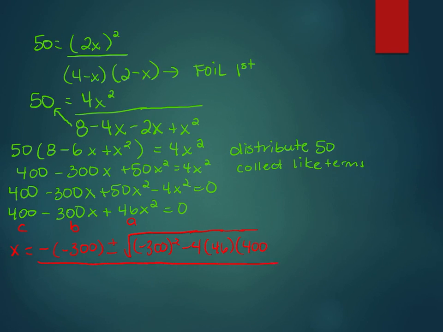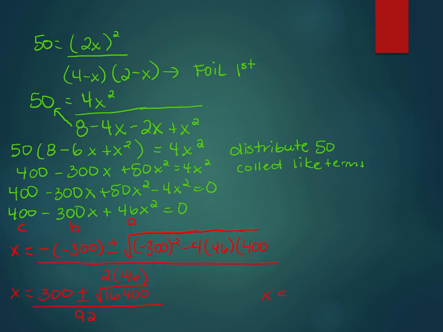And be careful because you can't get a negative under the square root sign. So again, you've got the plus minus. You're going to get two answers. So positive 300 plus or minus the square root of 16,400 over 92.